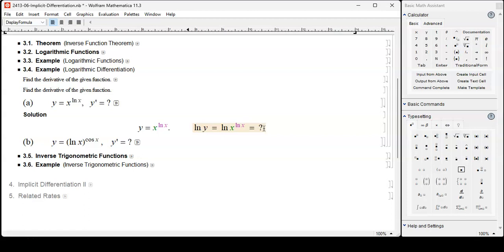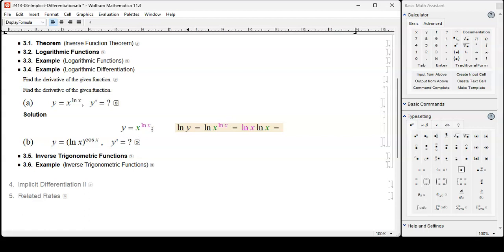And then use the log rule. The power comes out as coefficient, so log of x times log of x. And this log of x came from the power, and then this one, the original base. See the color coding? Does it help? Do you see which one came from where?